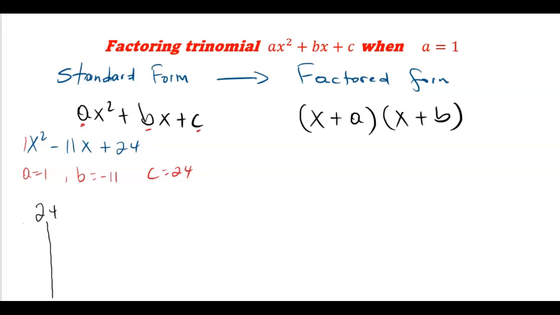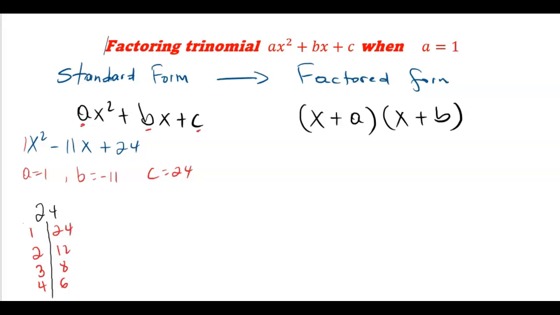So we know 1 times 24 is 24. We also know 2 times 12 is 24. We also know 3 times 8 is 24. We know 4 times 6 is 24.